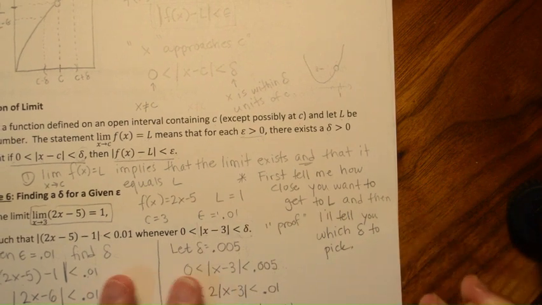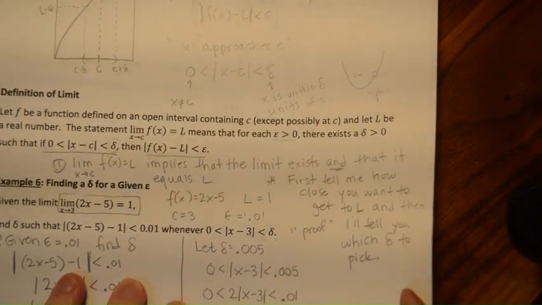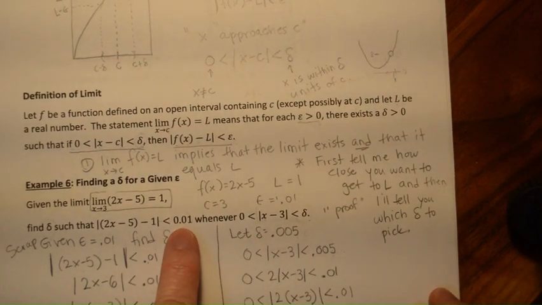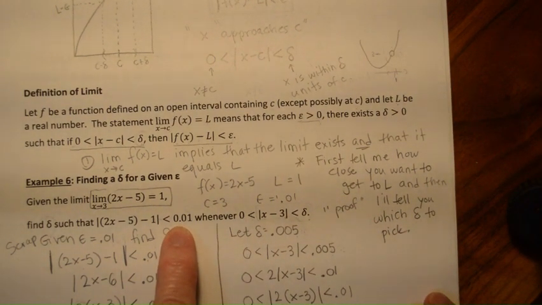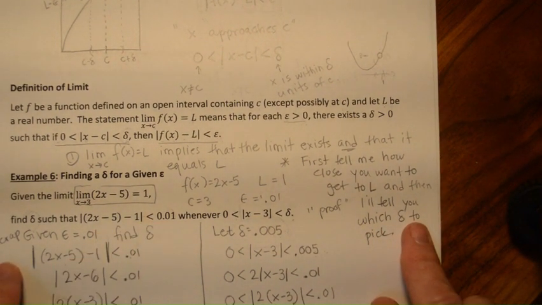That kind of summarizes what we did on the previous page. You tell me how close you want to get to L. Again, that's what's going on here. I want to get to 0.01 units away from L. And then I'm going to tell you which delta to pick.